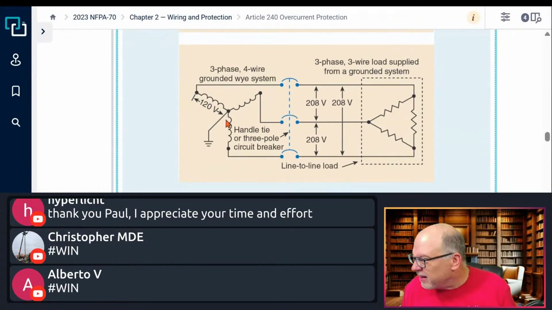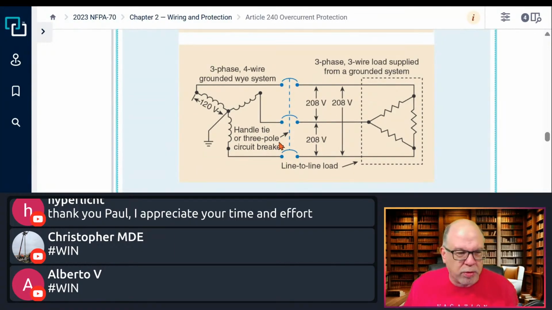Any of these phases are 120 to ground. Any of these, right? Any of these are 120. Okay, so you've got this breaker right here. You have single pole breakers with identified handle tie, or you have a 3-pole breaker. Whatever you want to do for these type of loads.